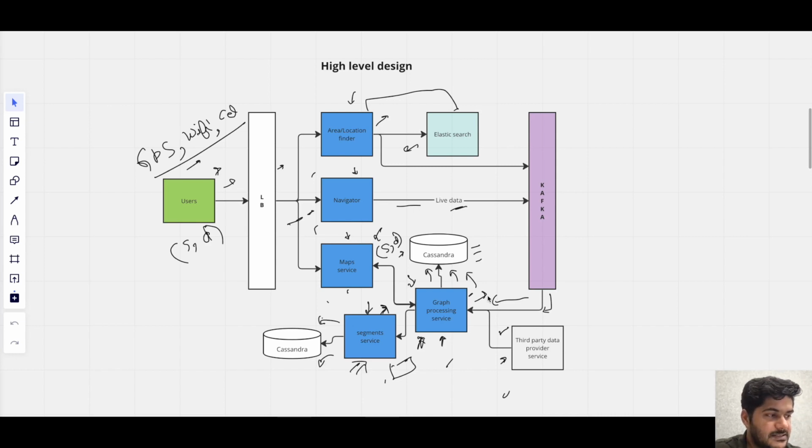So it will consider all those paths and return multiple paths to this map service, and that will be returned to our client side, and the client side will render it and show those options.